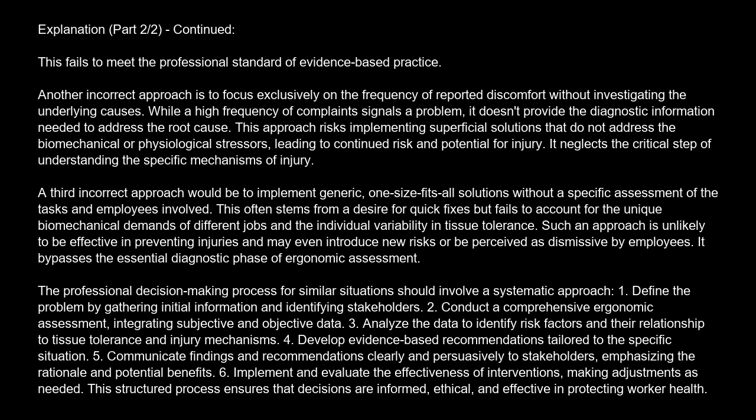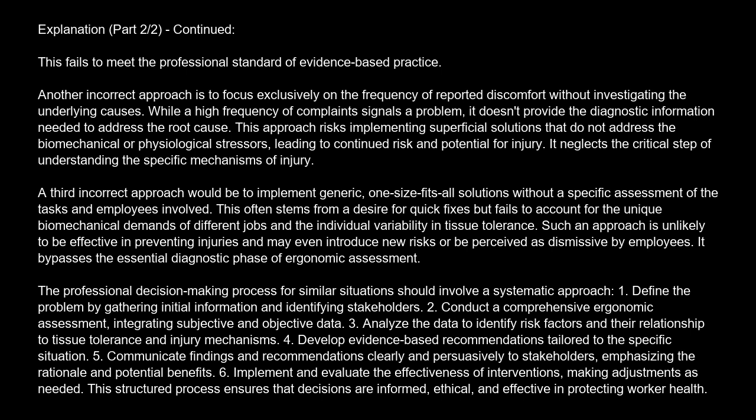The professional decision-making process for similar situations should involve a systematic approach. 1. Define the problem by gathering initial information and identifying stakeholders. 2. Conduct a comprehensive ergonomic assessment, integrating subjective and objective data. 3. Analyze the data to identify risk factors and their relationship to tissue tolerance and injury mechanisms. 4.